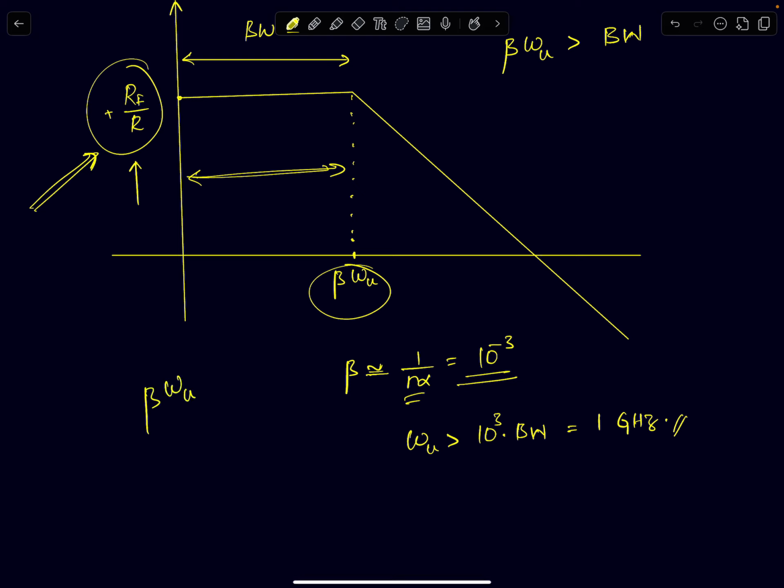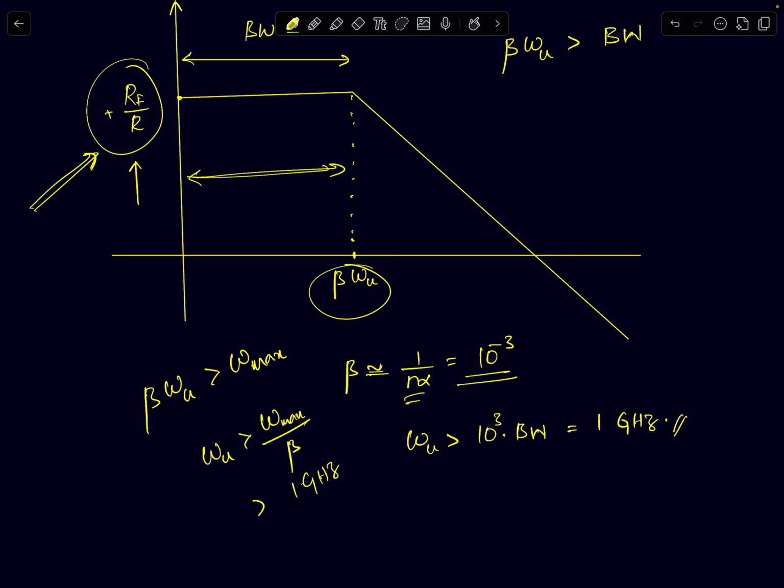This has to be greater than omega max. Your maximum input frequency is given as 1 megahertz. So your omega u has to be greater than omega max upon beta. Omega max in this case is 1 megahertz, and 1 by beta is 10 power 3, so it will be 1 gigahertz.